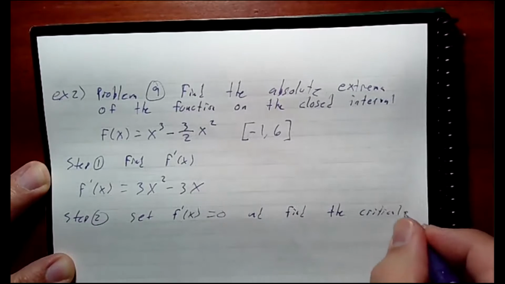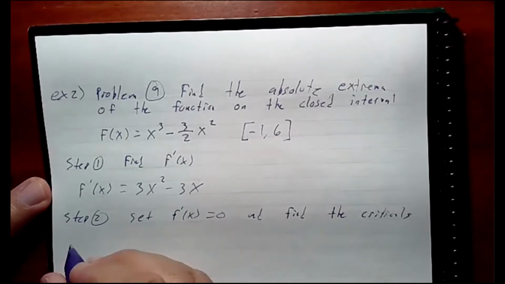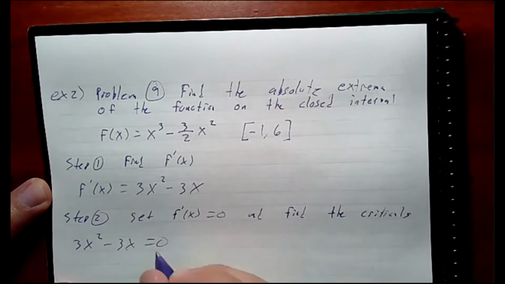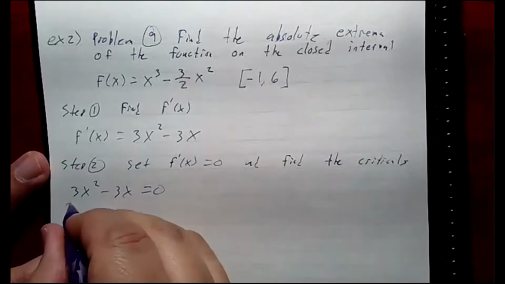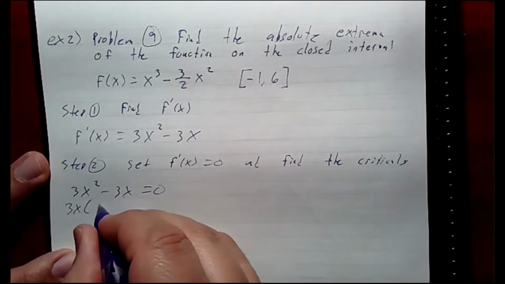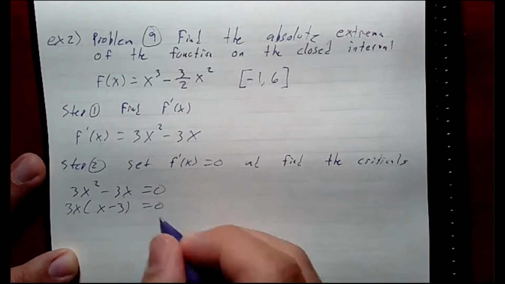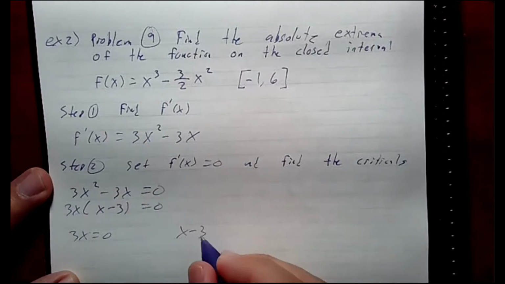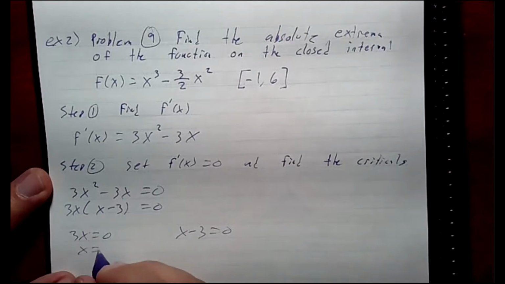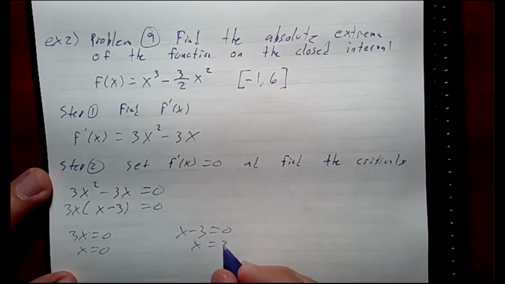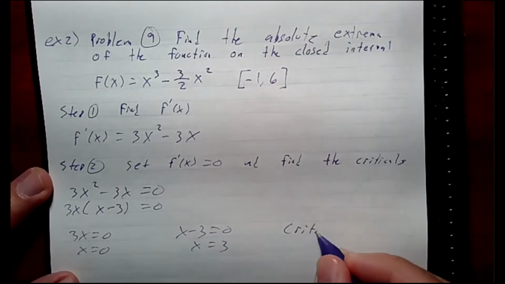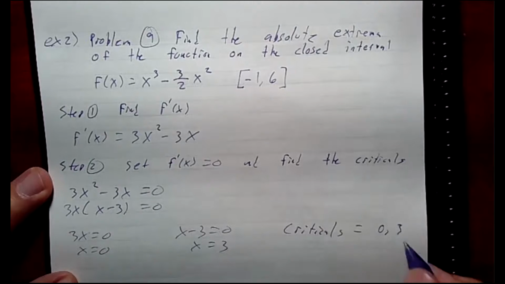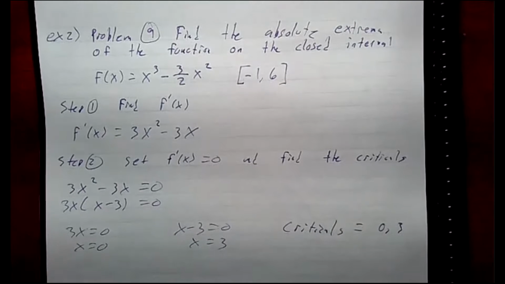So 3x squared minus 3x equals 0. Factor 3x. That gives us x minus 3 equal to 0. So 3x equals 0, x minus 3 equals 0. That gives me this. Zero and 3.